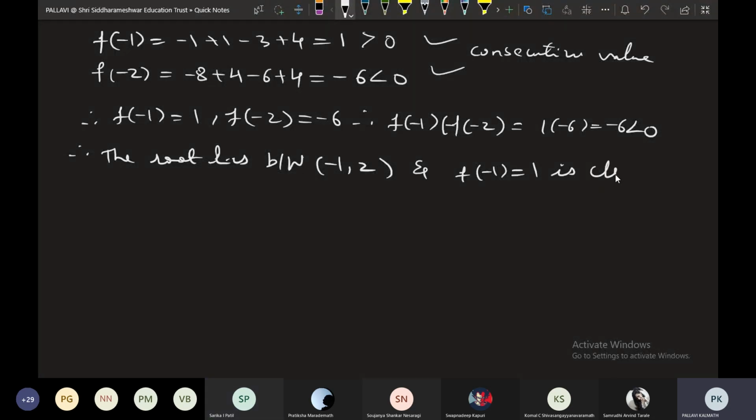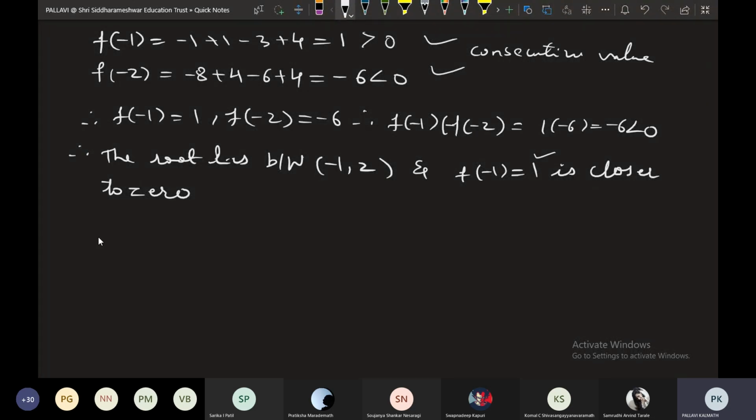F of -1. So, f of minus 1 is 1. What you are checking is this value: f of minus 1, the answer is plus 1. Clear? Plus 1 is closer to 0 than minus 6.